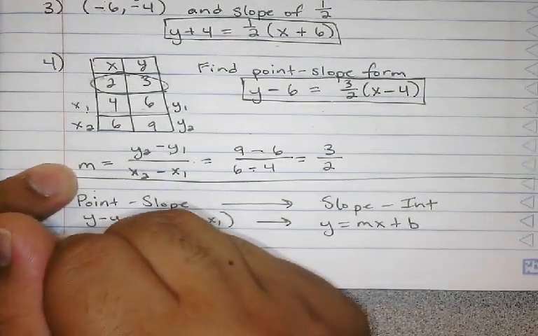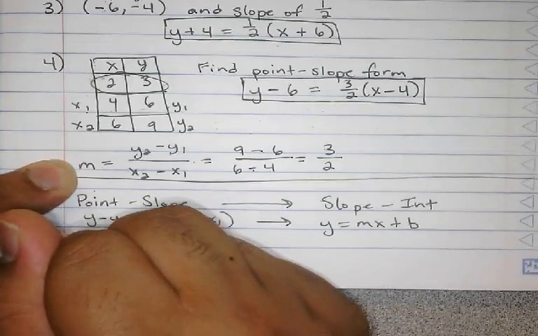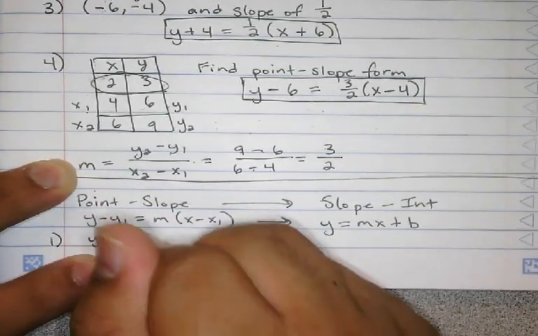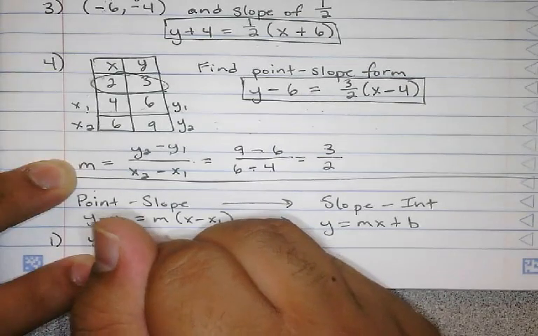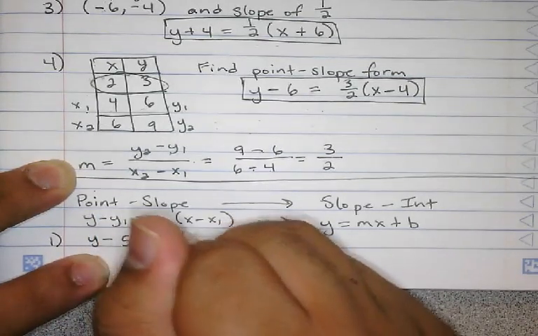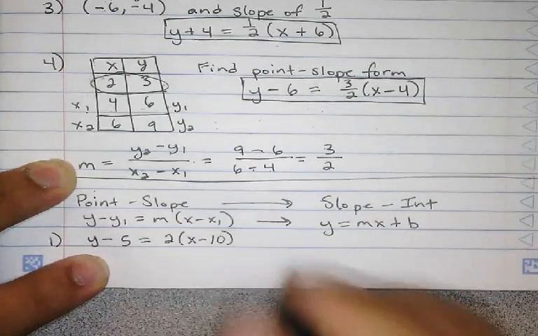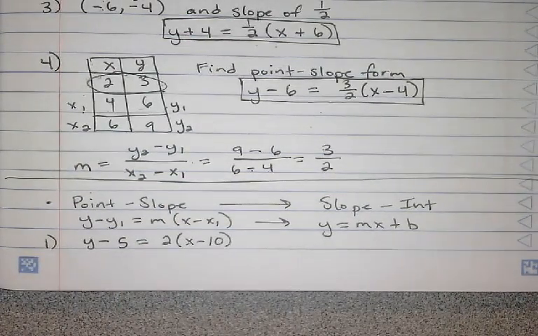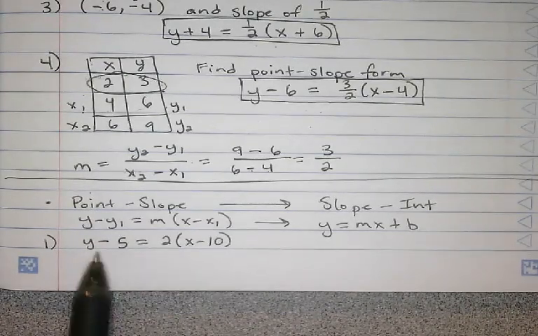I'm just going to write an example. Let's say I have y minus 5 equals, say, 2 times x minus 10, right? Let's just say that's my point slope form already, and I found it.